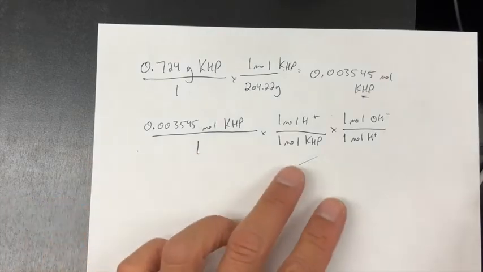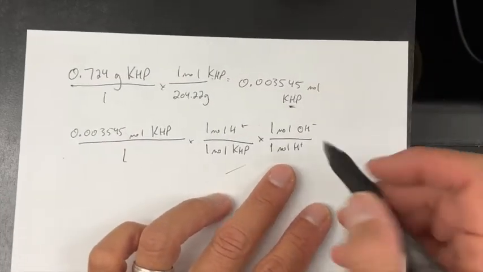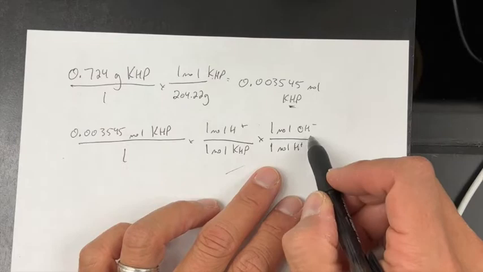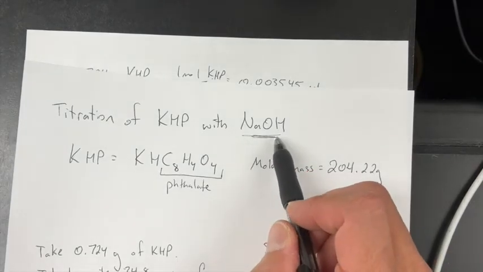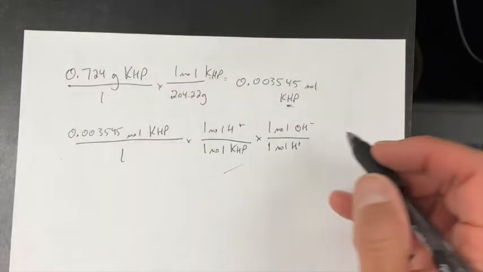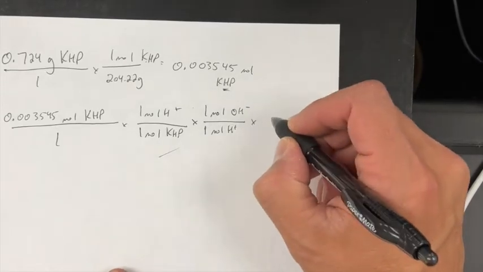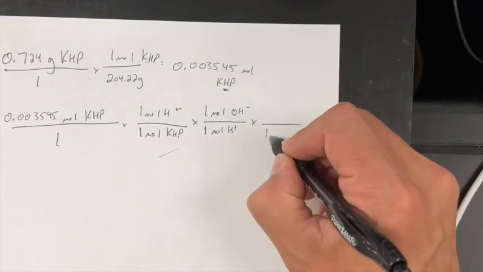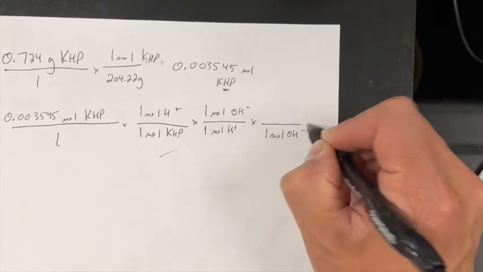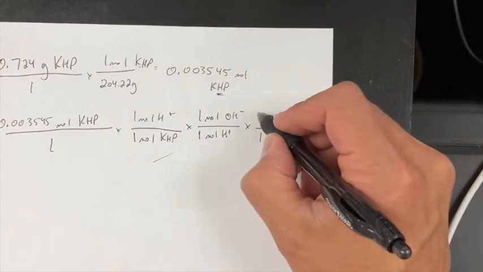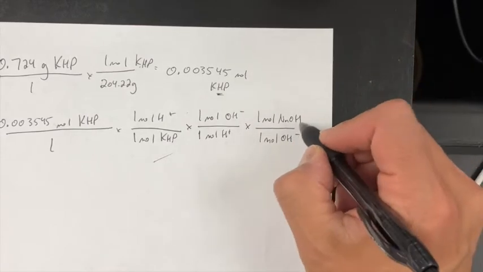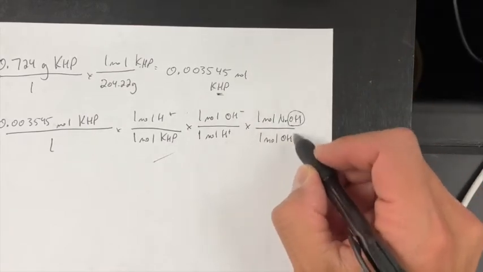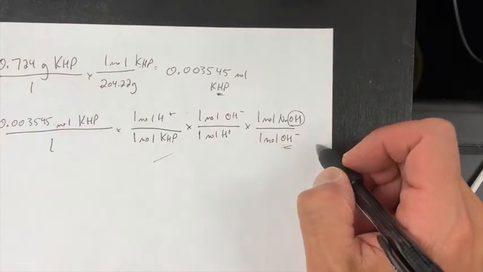So, once again, my ratio of H plus to OH minus is 1-to-1. And now I need to figure out, well, how much OH do I have in my NaOH? So for every mole of OH minus, how much NaOH am I getting? That's also 1-to-1 ratio. So, you know, 1 NaOH gives me 1 OH minus.